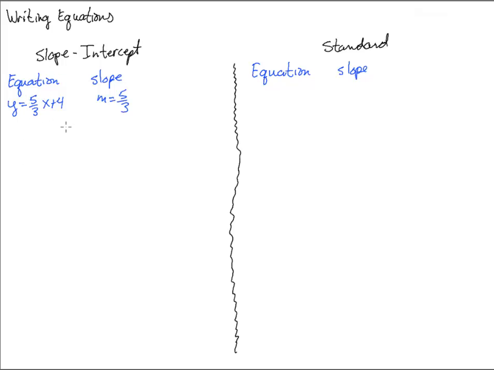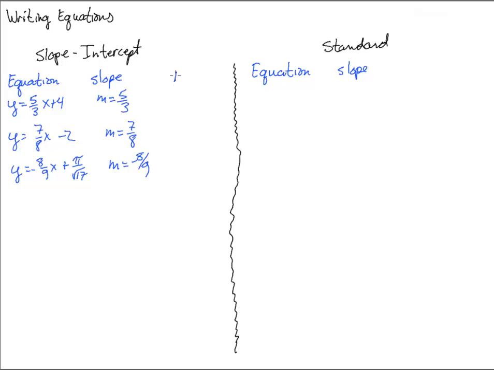That's why they call it slope-intercept. If we had y equals 7/8 x minus 2, the slope is 7/8. Had y equals -8/9 x plus pi over the square root of 17, the slope is -8/9.